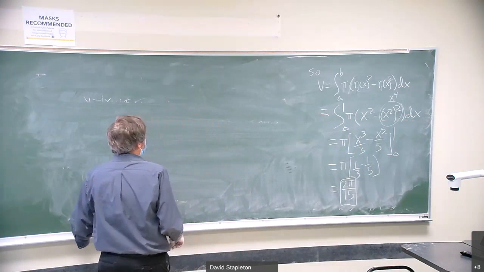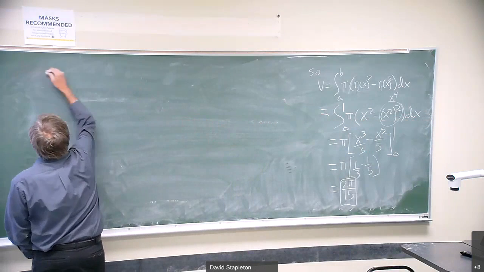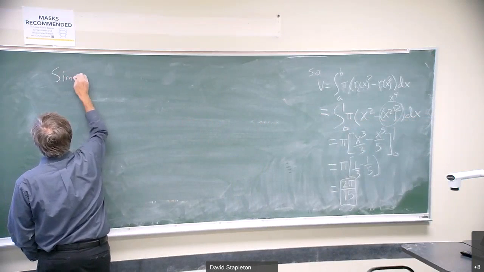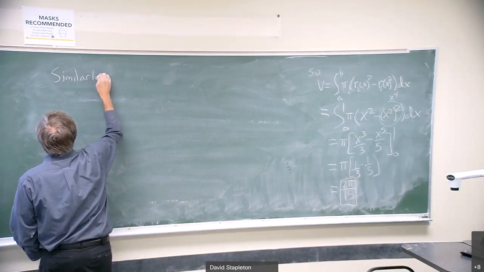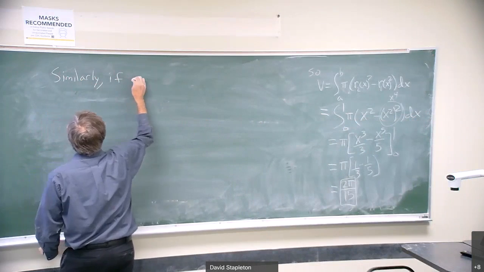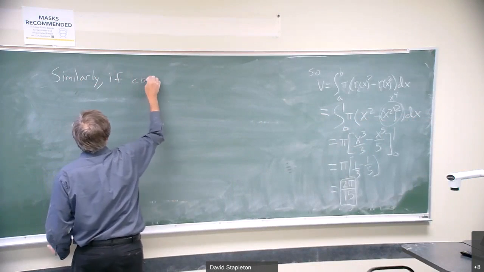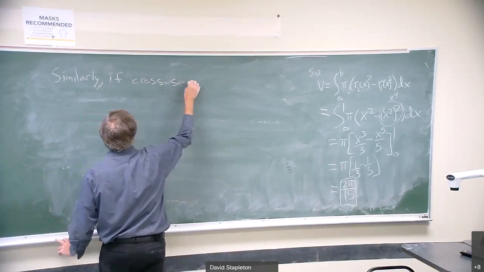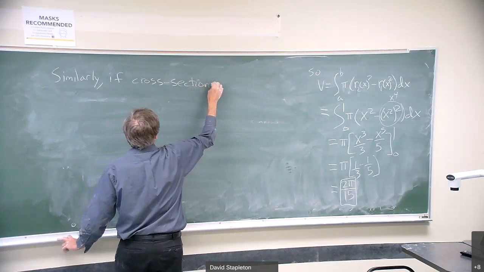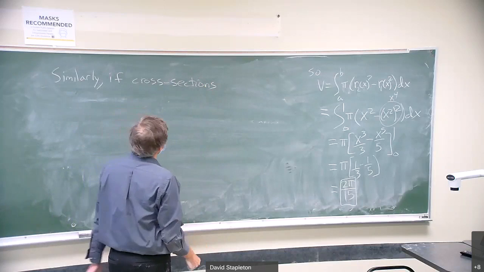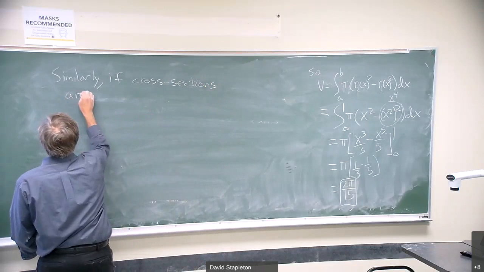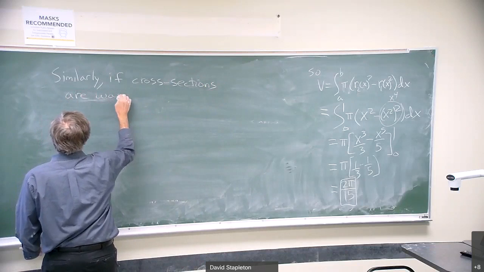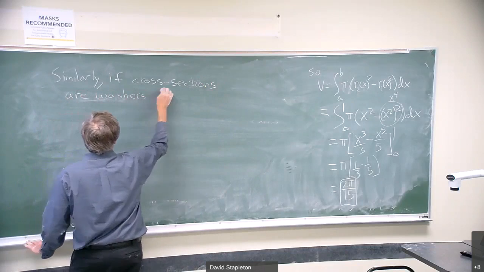So now, similarly, if cross sections, hate to beat this to death, but the book does this and you've got to try it once. If cross sections are washers perpendicular to the y-axis, there's nothing sacred about x.